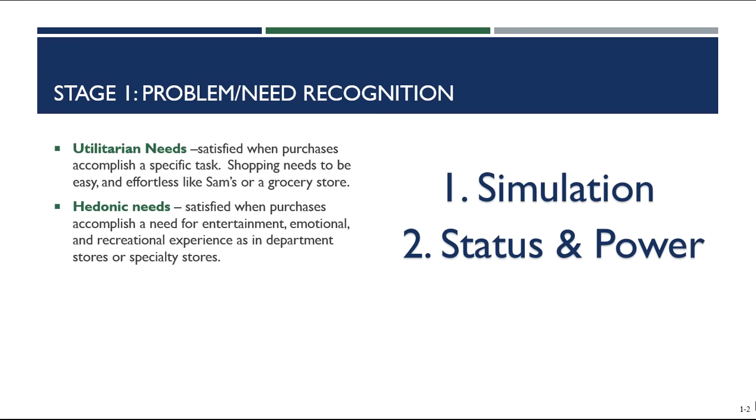Status and power is another way to meet the hedonic need. Some people choose retailers based on the attention and respect they receive from the associates working. So ways we can try to meet status and power as a retailer, we could have a greeter at the front door to say hello as customers walk in.